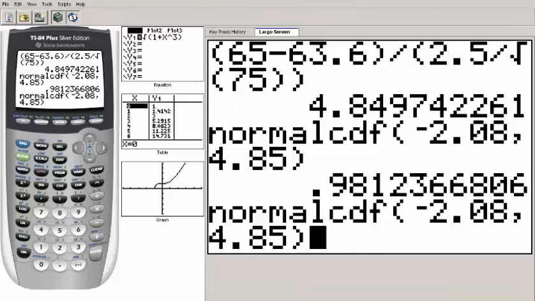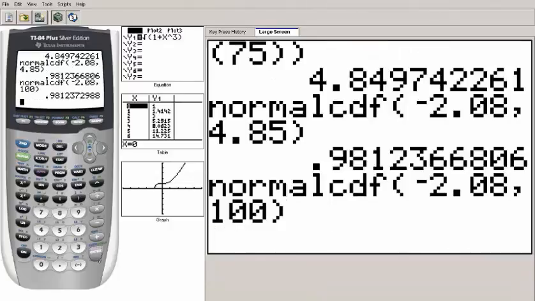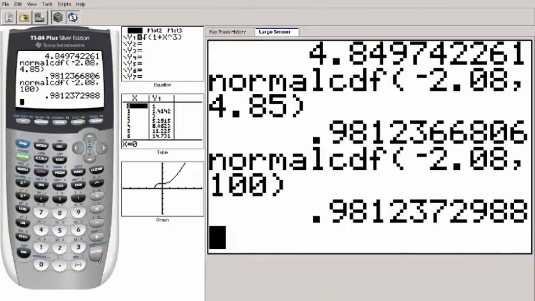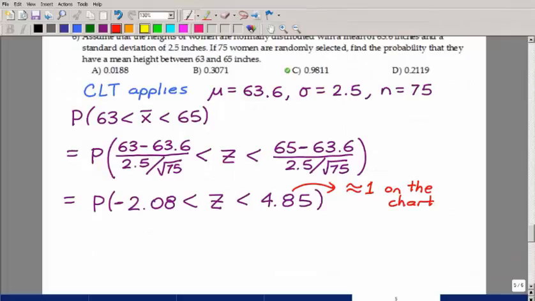In fact, I'll do that just for fun. 4.85 will make some difference in the later decimal places, but it's pretty far out there on the standard normal distribution. See, it didn't even change until the 6th decimal place. So it really didn't matter too much. So we'll go with 0.9812. Just slightly off a little bit here, but like I said, that's not going to be a problem.